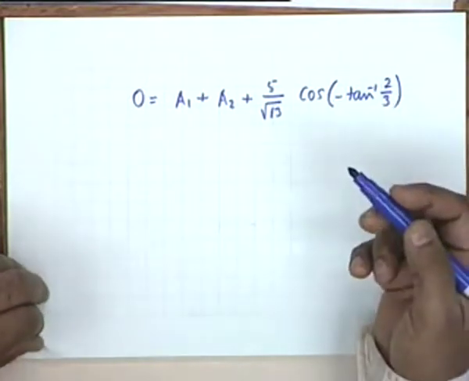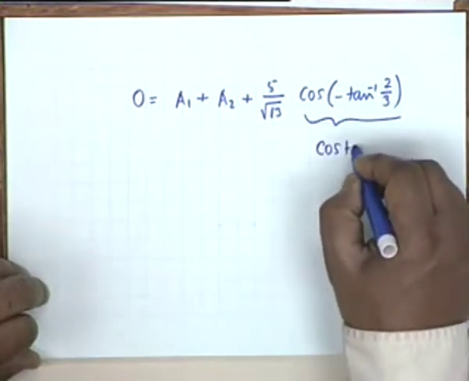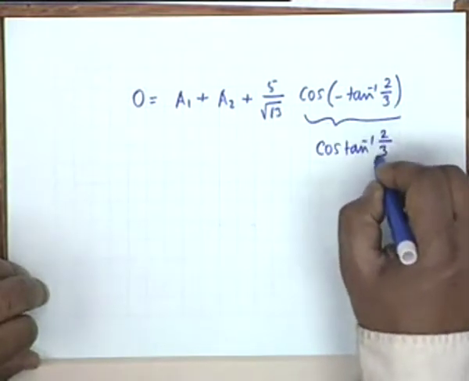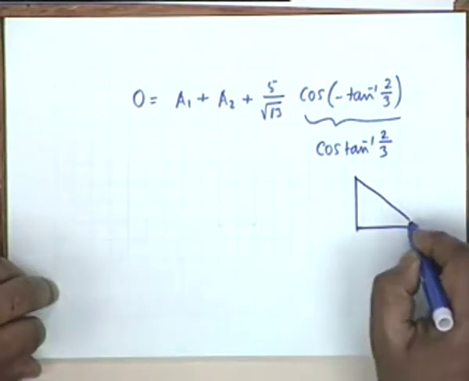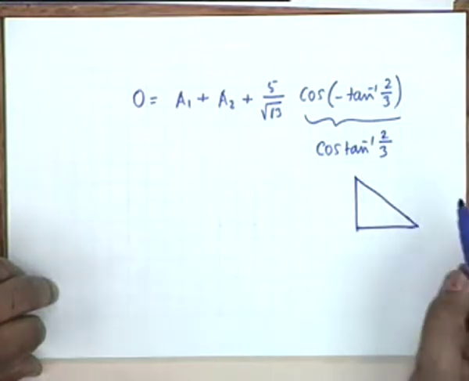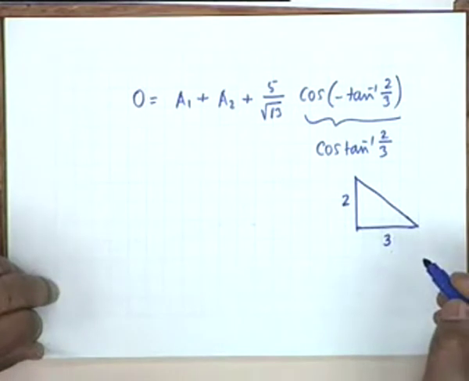Now cosine of a negative angle is the same as cosine of the positive angle, so it is cosine of tan inverse 2 by 3, and without consulting a table you know how to find cosine of tan inverse. Tan inverse means this is 2 and this is 3, right?